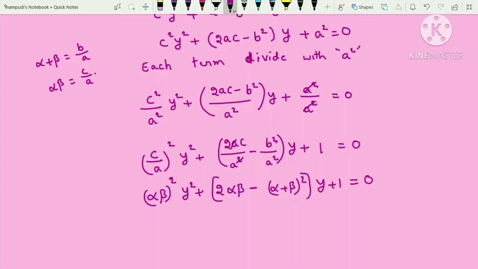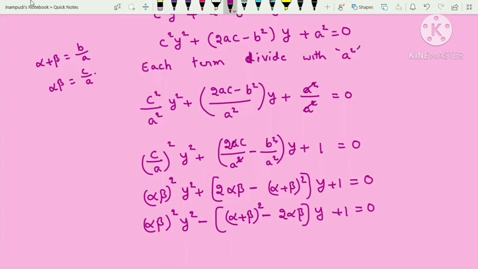So we take (alpha beta)² common for the y² term. Taking the minus as common, (alpha + beta)² is positive, 2 alpha beta is negative, into y + 1 = 0.